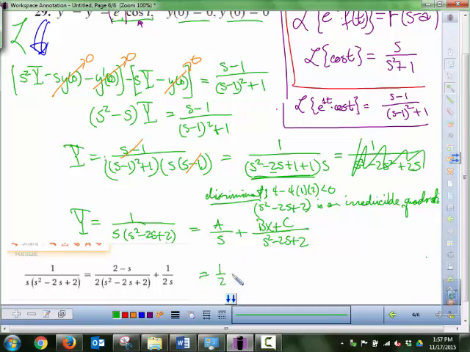This is 1/2 times 1 over s, minus 1/2 s over s squared minus 2s plus 2. You see where I got the 1/2 from? There's actually a 2 hiding over here, plus 2 over 2, which is 1 over s squared minus 2s plus 2.